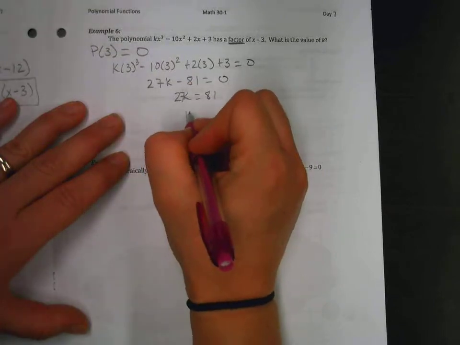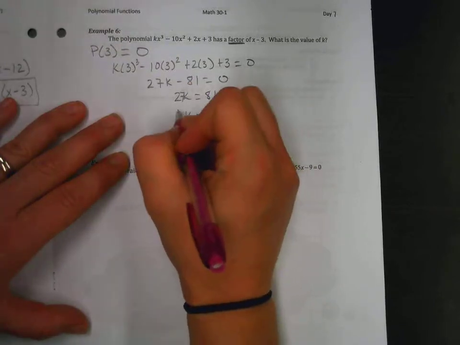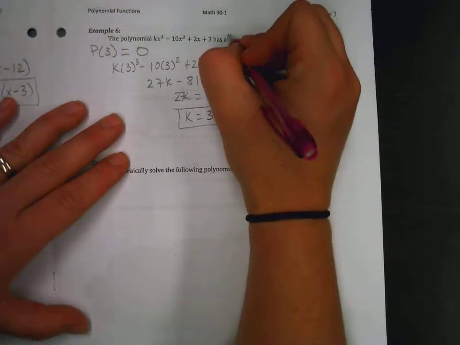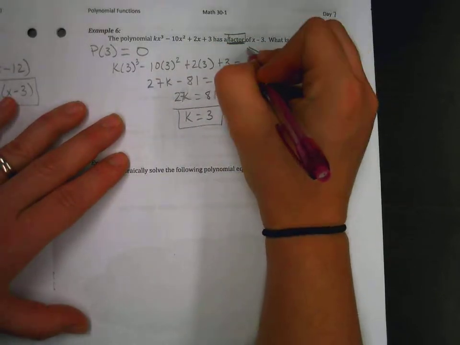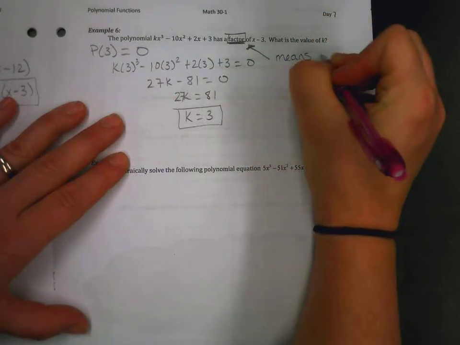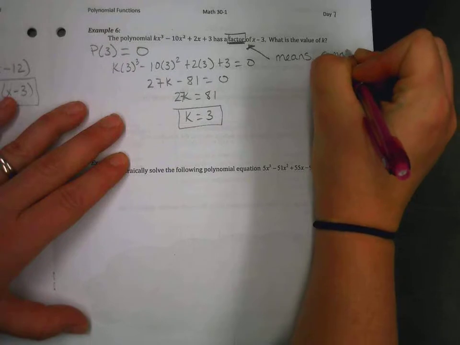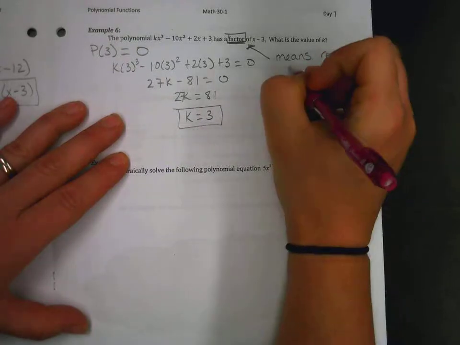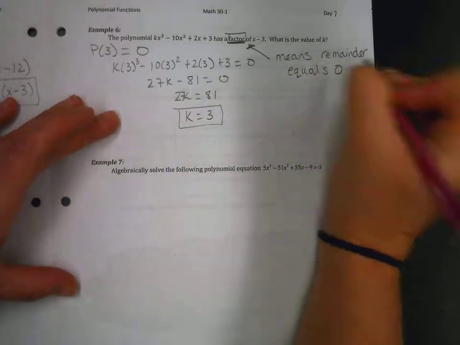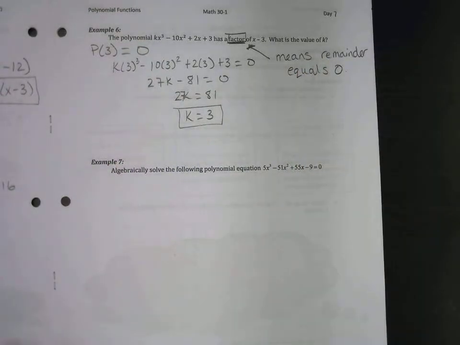Divide by 27, my k value is 3. So key, that factor means remainder equals 0.